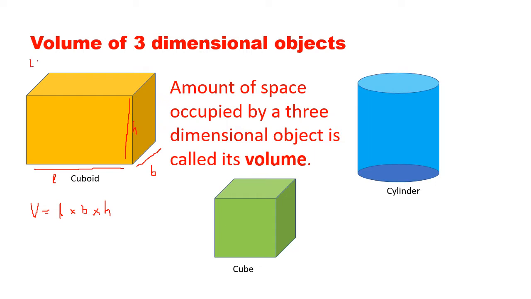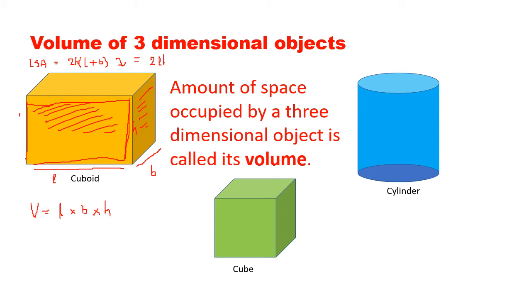The lateral surface area of a cuboid is 2h into bracket L plus B. How did we get this? The lateral surface area is this side and the opposite side, this side and the opposite side. So this one is L into H, that is the front and the back, so total becomes 2LH.